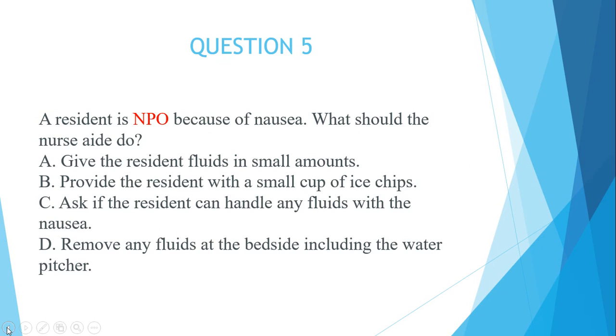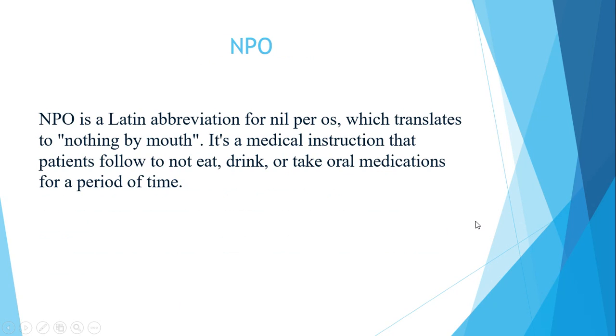If this person has an NPO order, there will be no water pitcher in that room. Nothing by mouth, no water in that room, because you don't want this person to be tempted to drink water. So the answer is D.